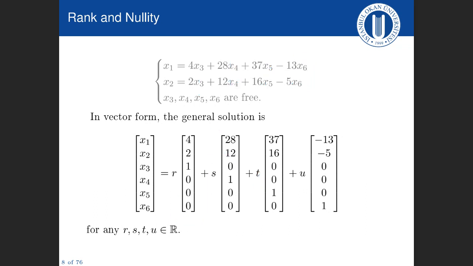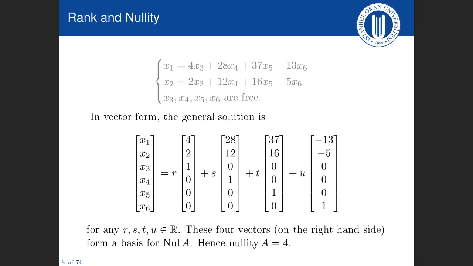We find that we can write the general solution to the homogeneous system like this. It's a linear combination of 4 vectors. And just from looking at the bottom 4 entries, that's just a basis for R4. So clearly these 4 vectors are linearly independent.